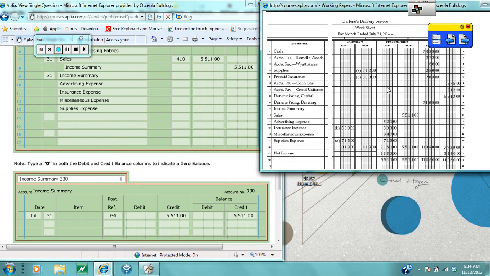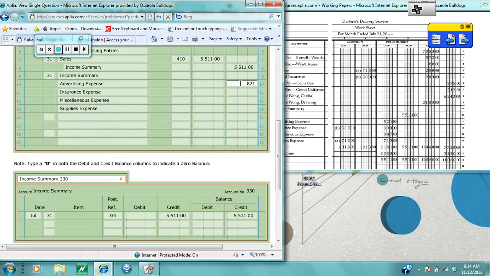Now the amount. Remember I said they're a debit here, so to close them out you have to credit them. Advertising, $821. Insurance expense is $300. Miscellaneous expense, $347 and $713.